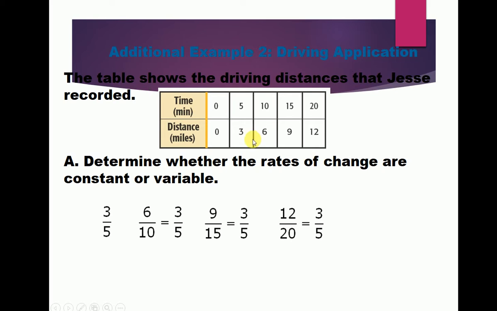So the first one is 3/5, the second one is 6/10, the third one is 9/15, and the last one is 12/20. When you find the individual rate of change at each point, you realize that they have a constant rate of change.